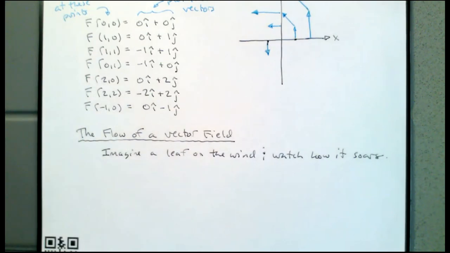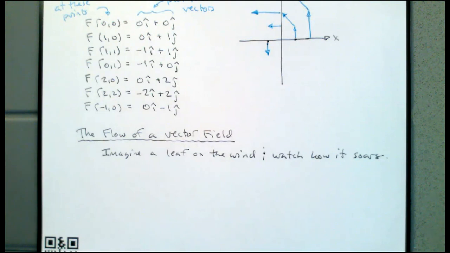Just imagine a leaf on the wind and watch how it soars. At each point, the vector field is telling you what direction the leaf will be going.